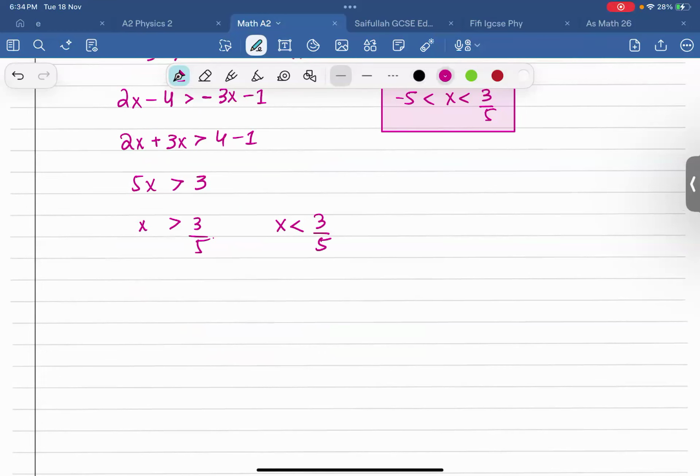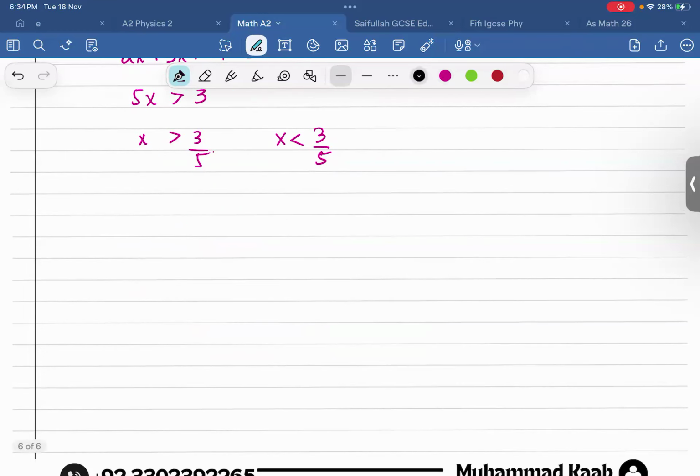Try this one yourself. June 2014, question number one.